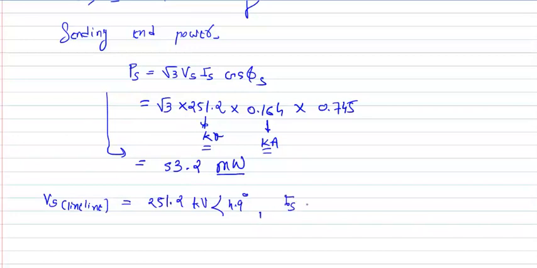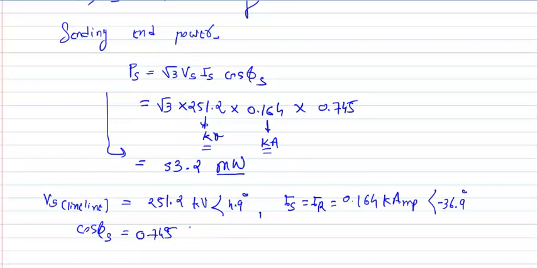Then Is equals IR, the same one, 0.164 kiloampere, and the angle is minus 36.9. Then we have calculated cos phi s, and that answer is 0.745 lagging. And the power that we have calculated, PS equals 53.2 megawatt. So this is the answer for one of the methods, that is the short transmission line.